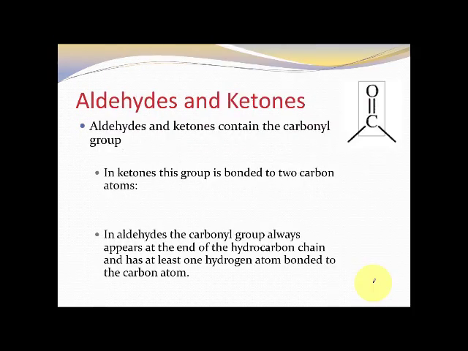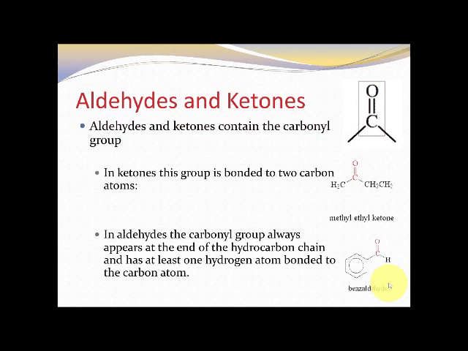So, the next group is our aldehydes and ketones. Aldehydes and ketones both contain what's called a carbonyl group. The carbonyl group is the O double bonded to the C. So in ketones, the group is bonded to 2 carbon atoms, like you see here.